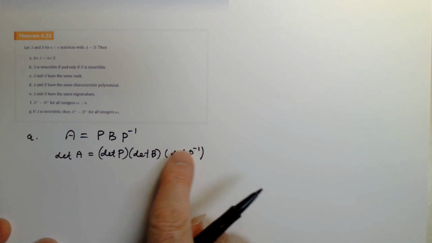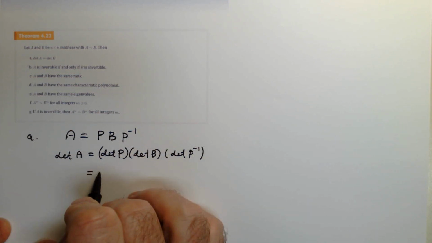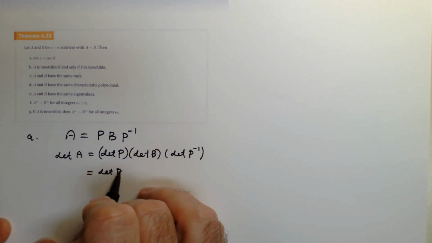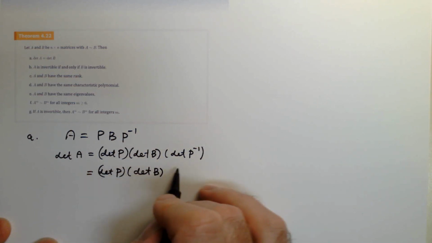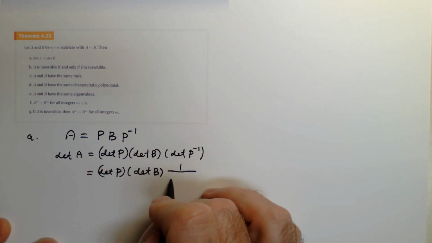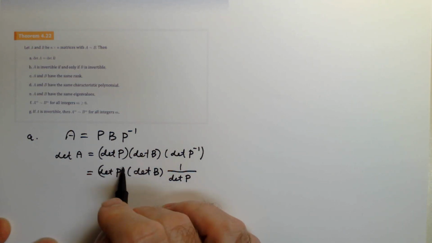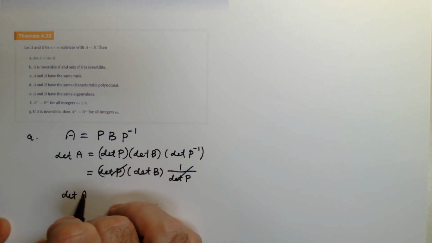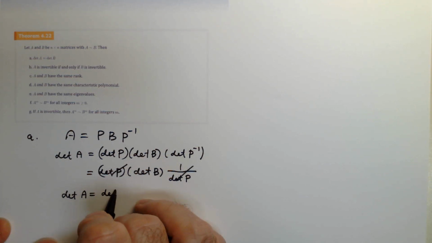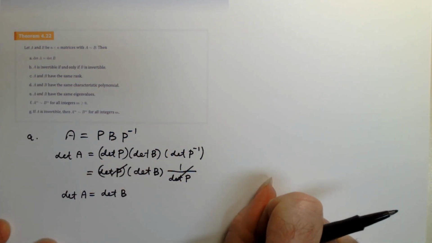We can write this as 1 over the determinant of P. And so we have the determinant of P, the determinant of B, and 1 over the determinant of P. And now these two cancel. And so we're left with the statement that the determinant of A is equal to the determinant of B. And that's what we wanted to show in part A.